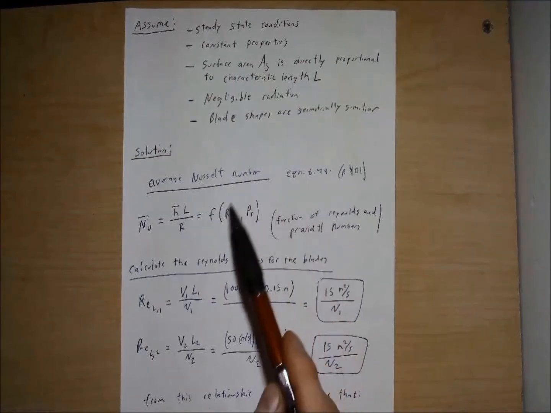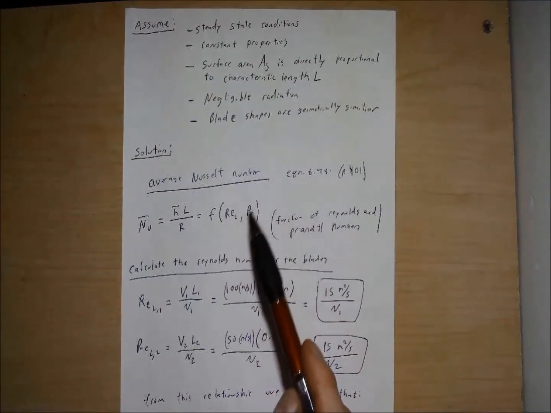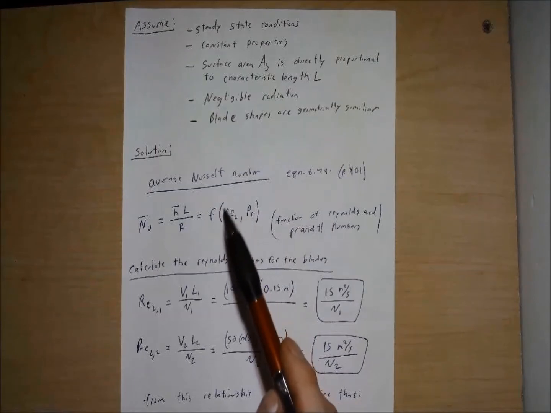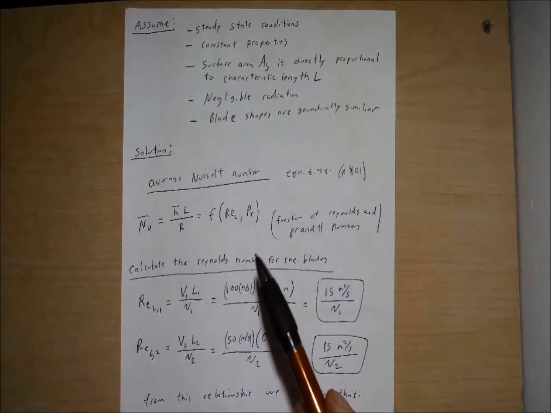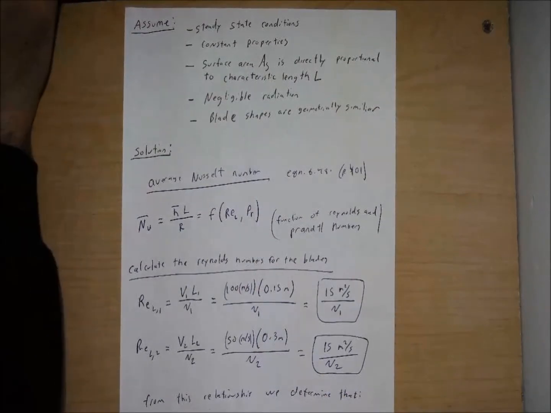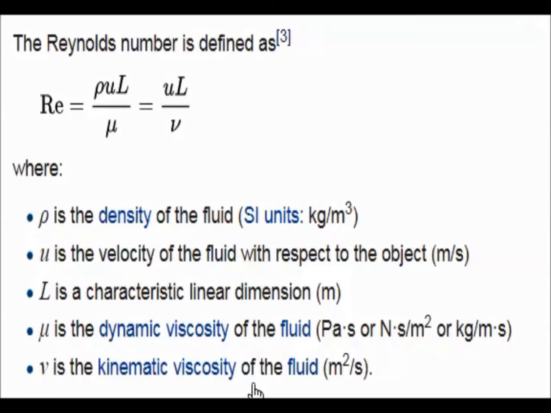So from this, what we realize is that if this is a function of Reynolds number, we're going to need to calculate the Reynolds number, and we're going to want to do it for both blades. So I'm going to stop here and switch over to a general equation for Reynolds number. Here's our governing equation that we're going to use to calculate our Reynolds number.